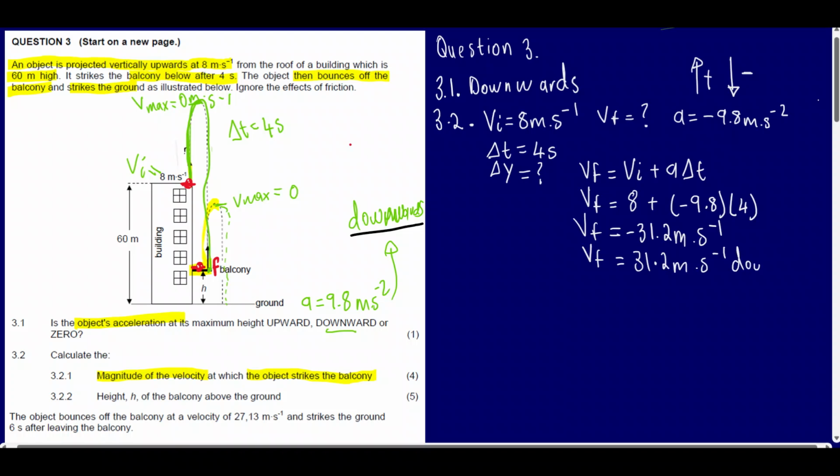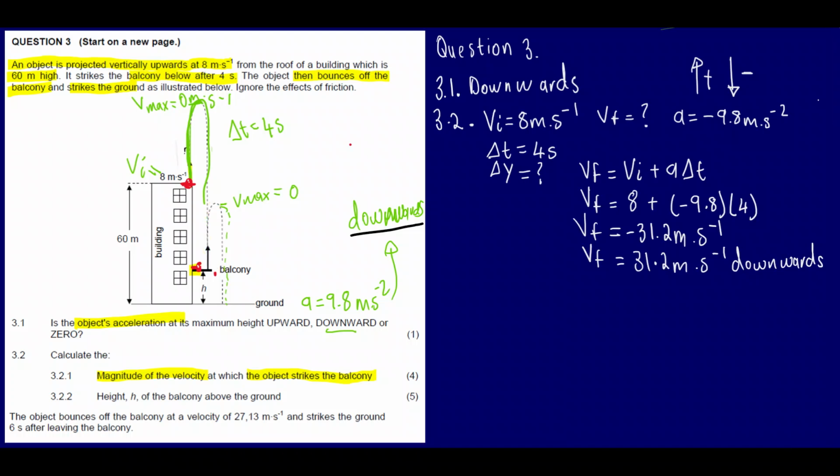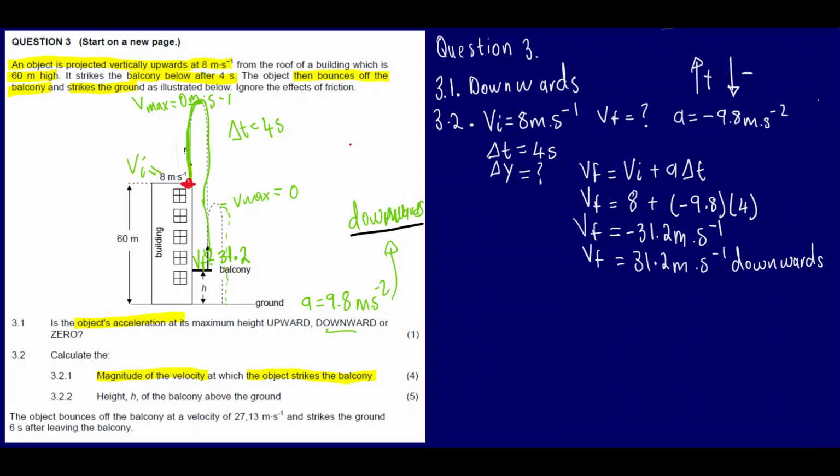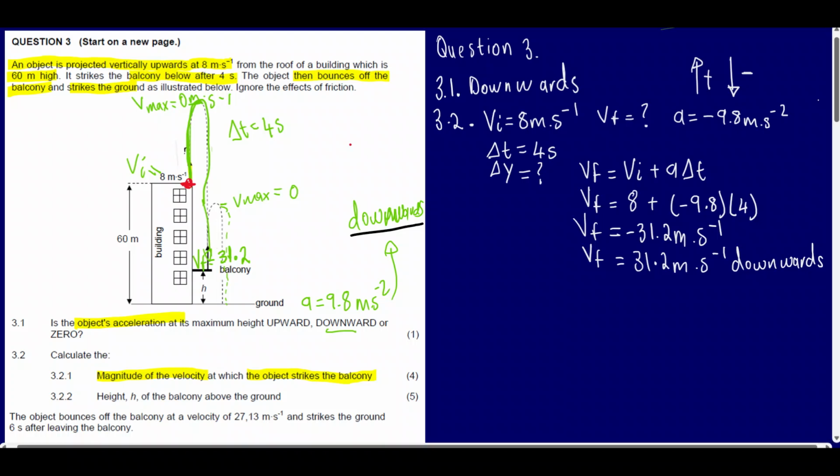So it means this is going to give us 31.2, which indicates that it's going downwards. This is the velocity that it hits the balcony with, the final velocity at that point: 31.2. Now let's move on to 3.2.2.